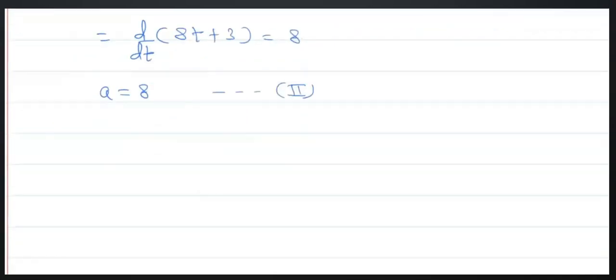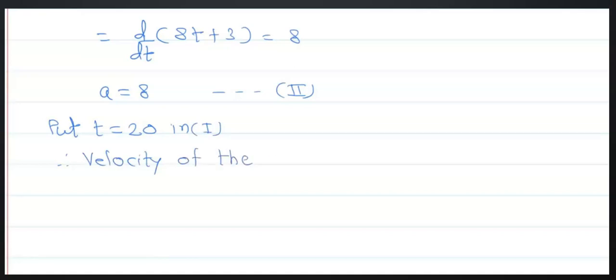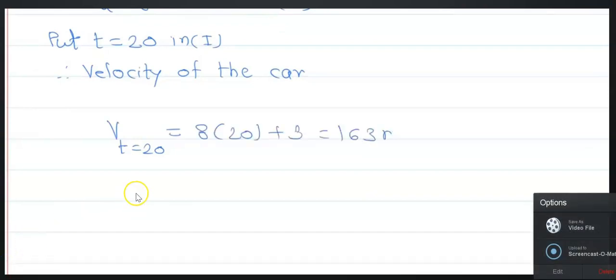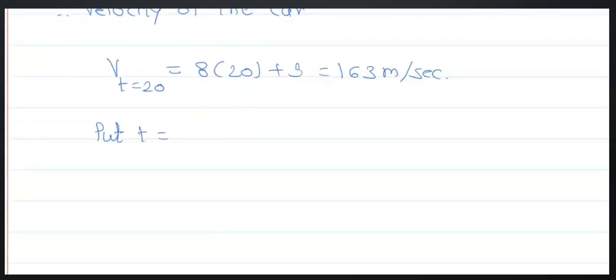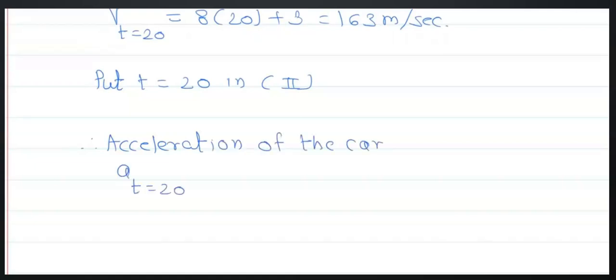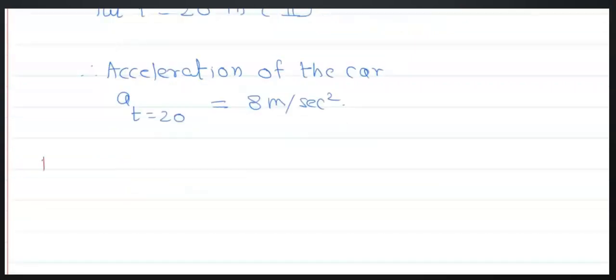Therefore, a is equal to 8. Now put t equal to 20. The velocity of the car at t equal to 20 is 8 into 20 plus 3, that is 163 meter per second. The acceleration of the car at t equal to 20 is 8 meter per second square.